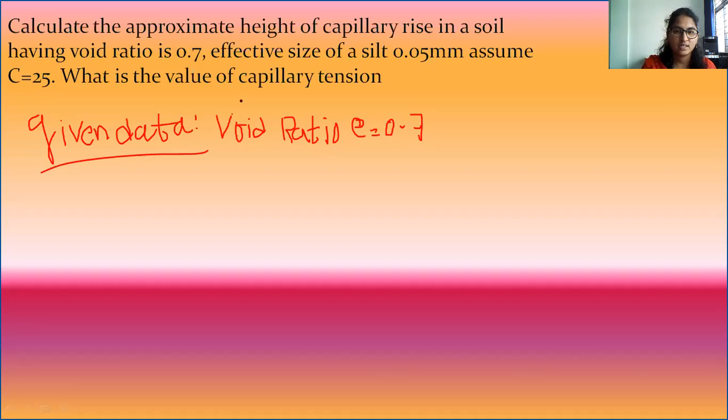And the effective size of silt. What is the effective size? Effective size is D10. D10, D30, D60 we can learn about. D10 is the effective size, 10% finer than this.